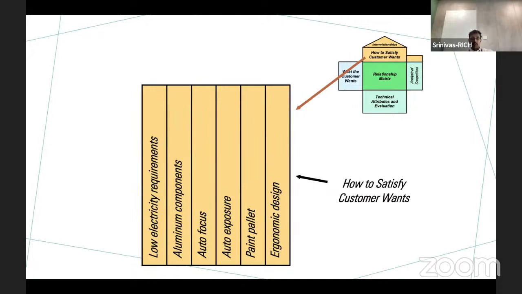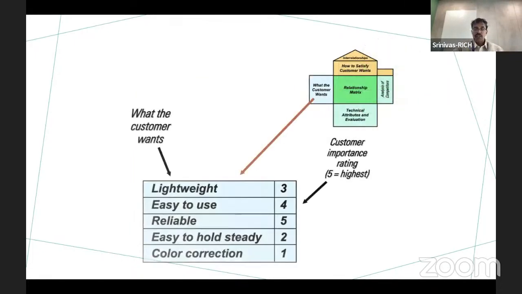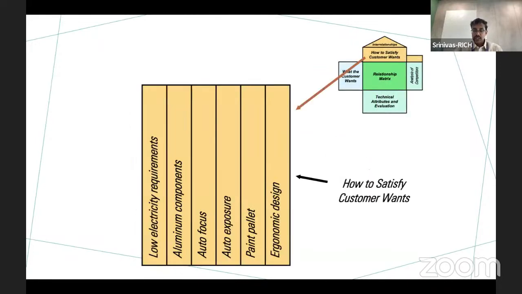So reliability was a very key factor, right? So we look at the correlation there. Autofocus, auto exposure, paint palette, ergonomic design. So these are some of the additional ways in which you can solve the consumer needs. Consumer needs of lightweight, easy to use, reliable, steady, and color correction.